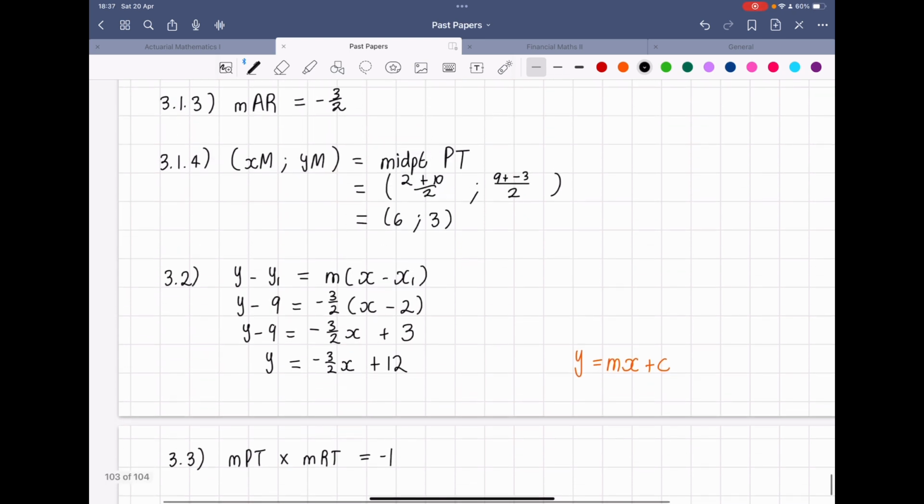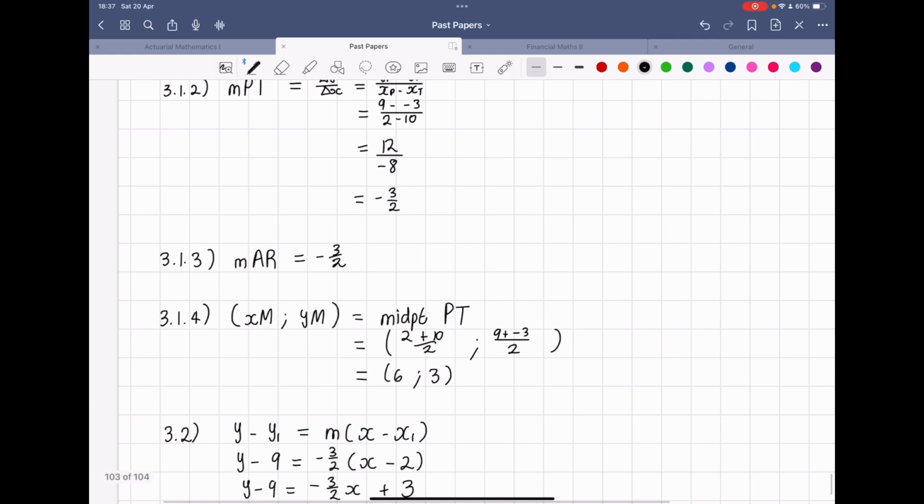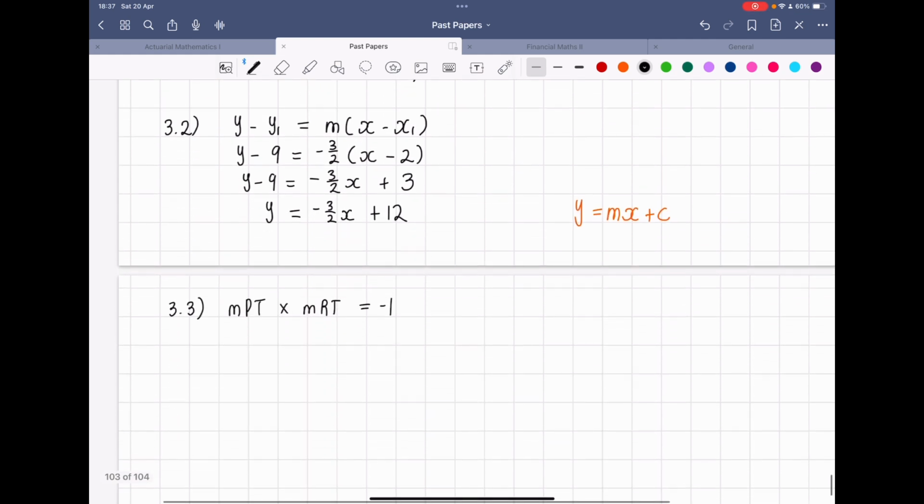And m_PT we found was minus 3 over 2. So m_RT must be 2 over 3.